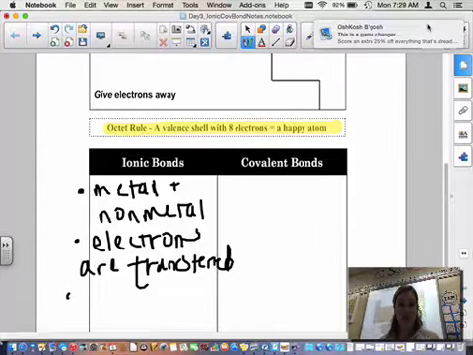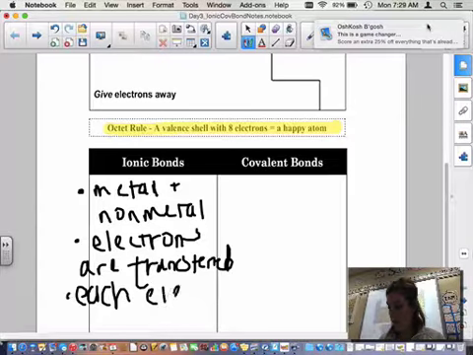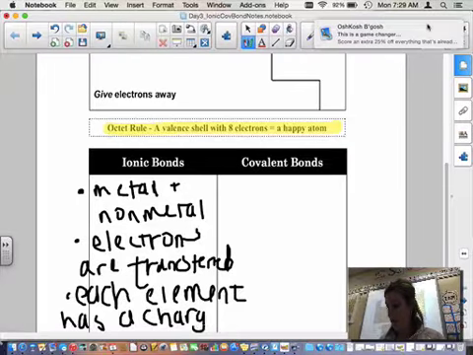So remember, electrons are negatively charged. If you're giving away a negative charge, your charge is changing. So each element has a charge. And always remember, opposite charges attract.